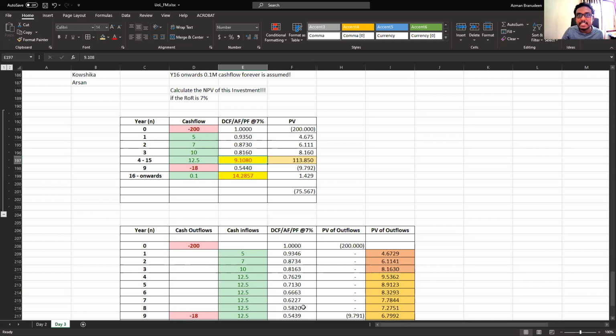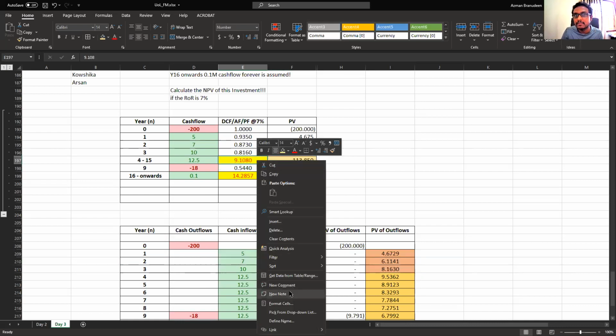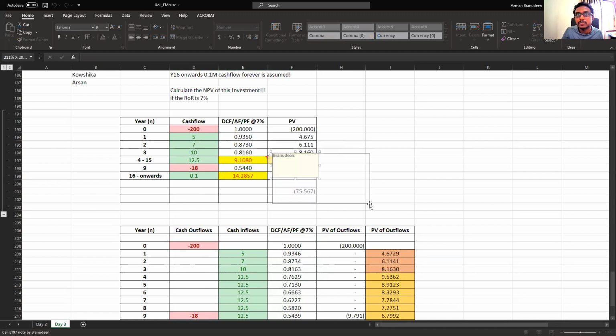But the initial cash flows here, the first 3 years, I'm not making any money. So technically, when I'm using the annuity factor method, it should be annuity factor of year 15 minus annuity factor of year what? 3, right? Because as you can see, 5, 7, and 10.